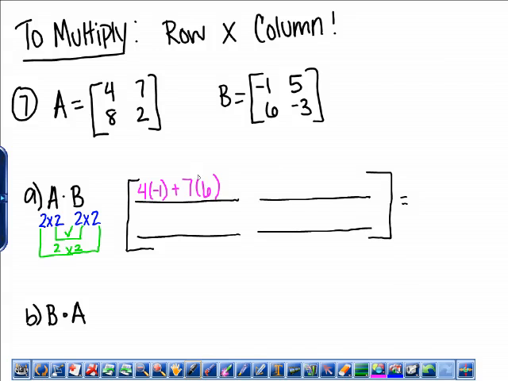First row and first column: 4 times -1 plus 7 times 6.